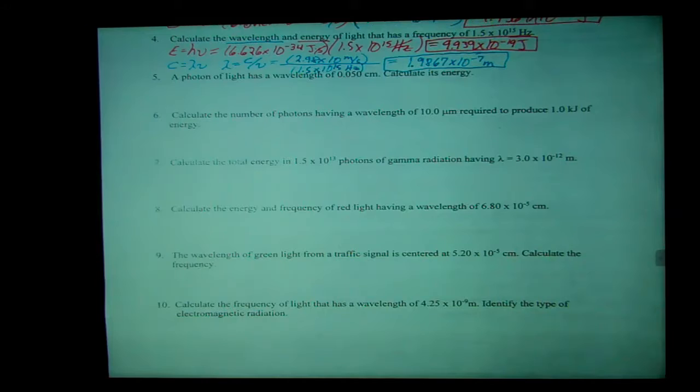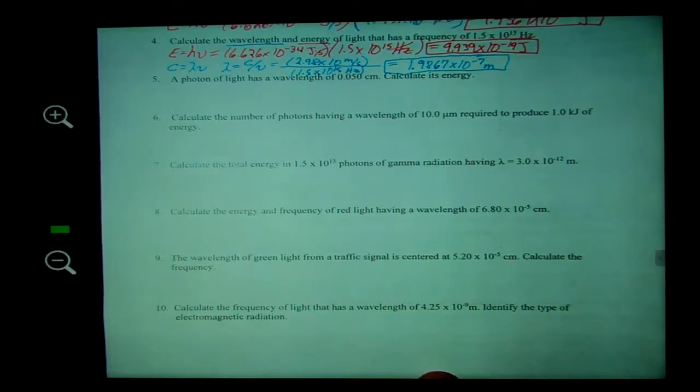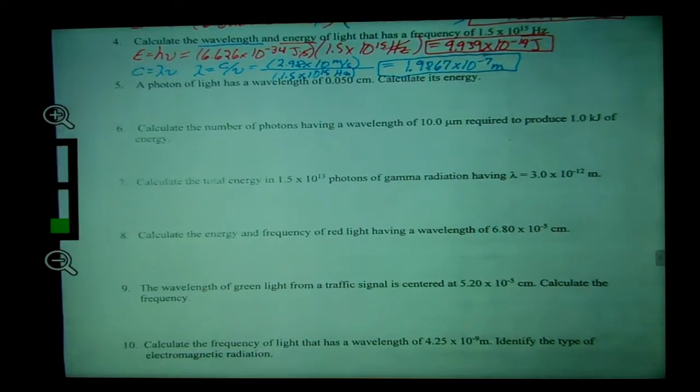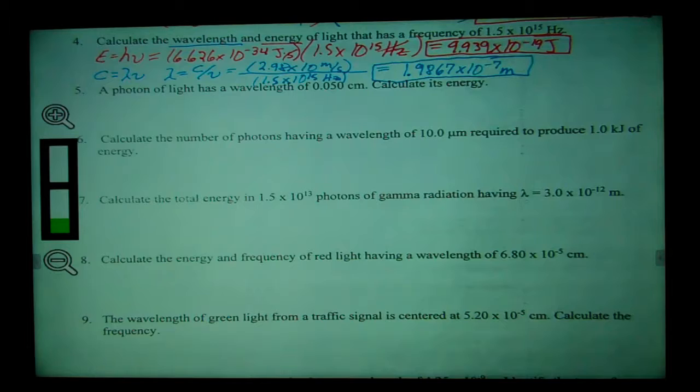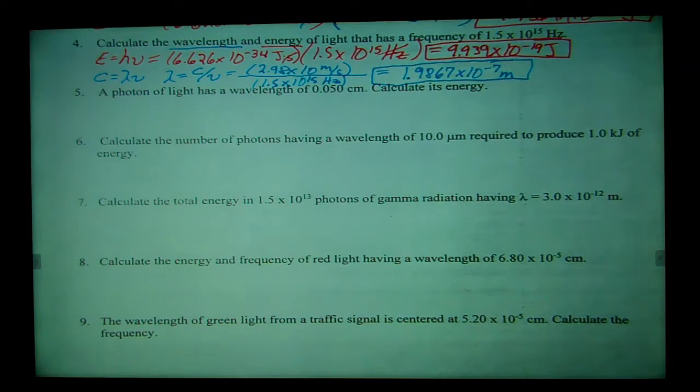Number 4. In case you cannot see that, a little bit. So for energy of the photon, I get 9.939 times 10 to the negative 19 joules. And the wavelength of the photon is 1.9867 times 10 to the negative 7 meters.